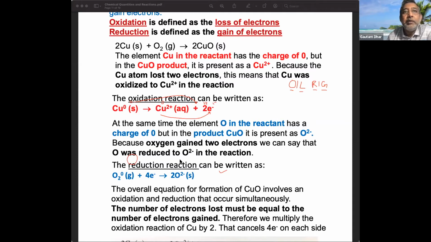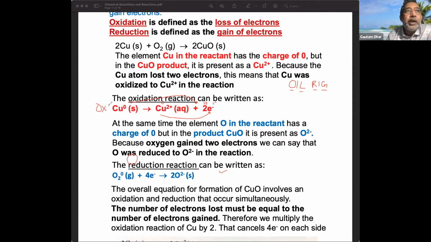So number of electrons needs to be the same. And because the number of electrons needs to be the same, that can also be a basis for balancing equations. So you write the oxidation reaction. Once you see a reaction like this, you figure out who is getting oxidized. I can see that copper is becoming copper 2 plus. So this is oxidation and this is reduction.